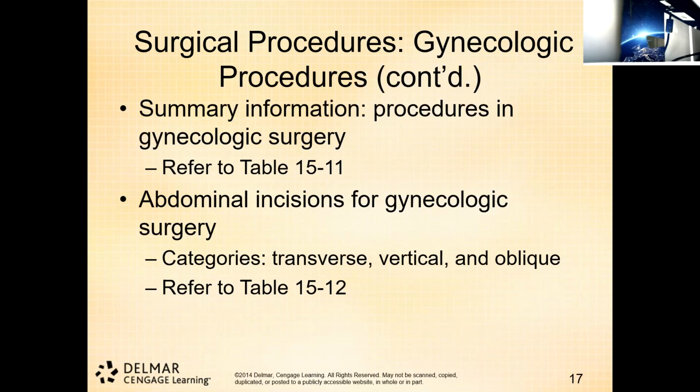Now, the transverse incision can compromise nerves, generally involves division of muscle, and may sometimes limit access to the upper abdomen. Then you have the vertical and the oblique incision.